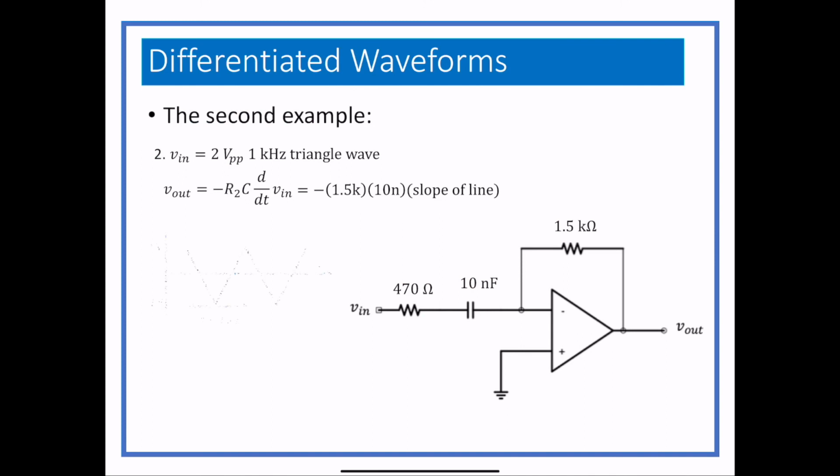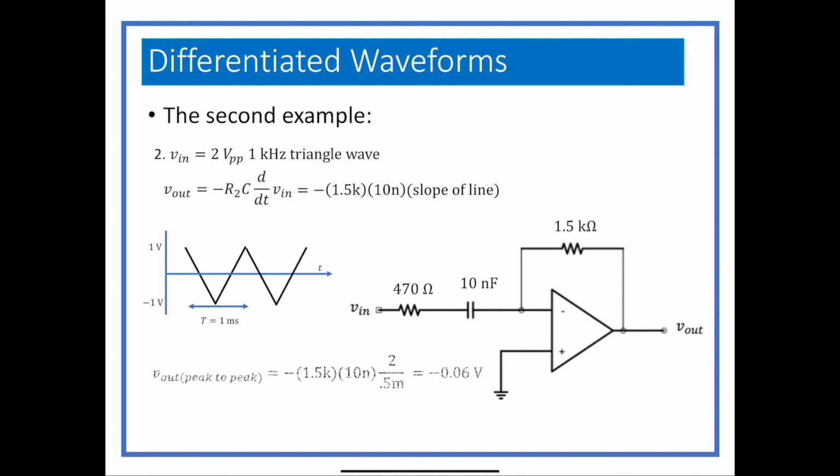And it is graphed below here, and you can see that it goes from -1 to 1 in half a millisecond. So that basically gives us the way to calculate the slope. We just take 2 over 0.5 milliseconds, and we get minus 0.06 volts.